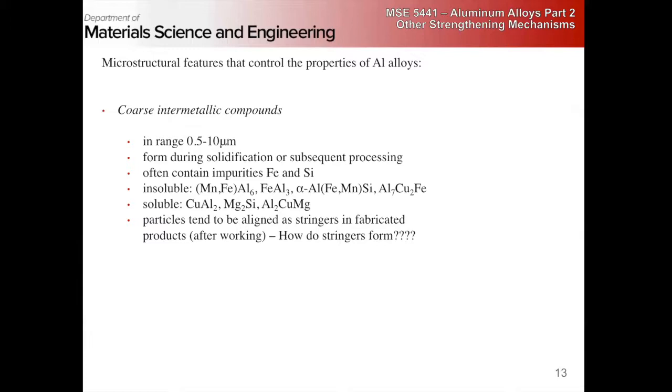alloys, right? But if we're interested in design, if we're trying to develop a processing route in combination with deciding what alloy we're going to use for a particular application, what we really want to be able to do is link things back to the microstructural features that control those properties, right?